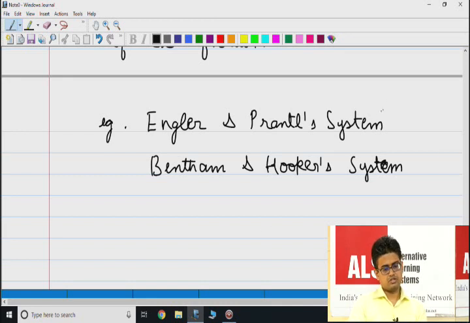Okay, so these are two classification systems. These are natural systems of classification.